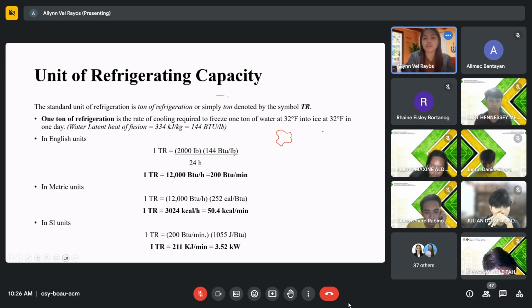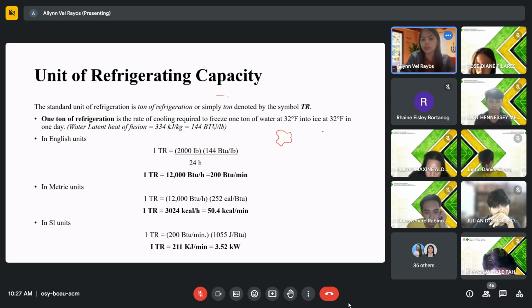Ibig sabihin ito, yung 144 BTU per pound, ibig sabihin yung amount of heat na matatanggal doon sa water para maging ice siya from 0 to 0 degrees Celsius ice is 144 BTU para sa isang pound of water. Naintindihan? So para ma-convert yung 1 pound of water to ice, both at 0 degrees Celsius, ang mariremove is 144 BTU. Clear ba tayo doon?